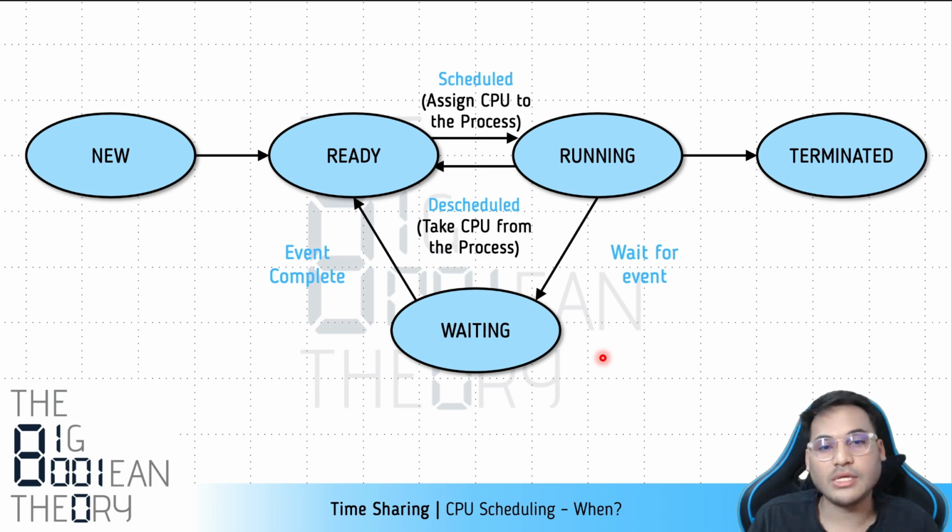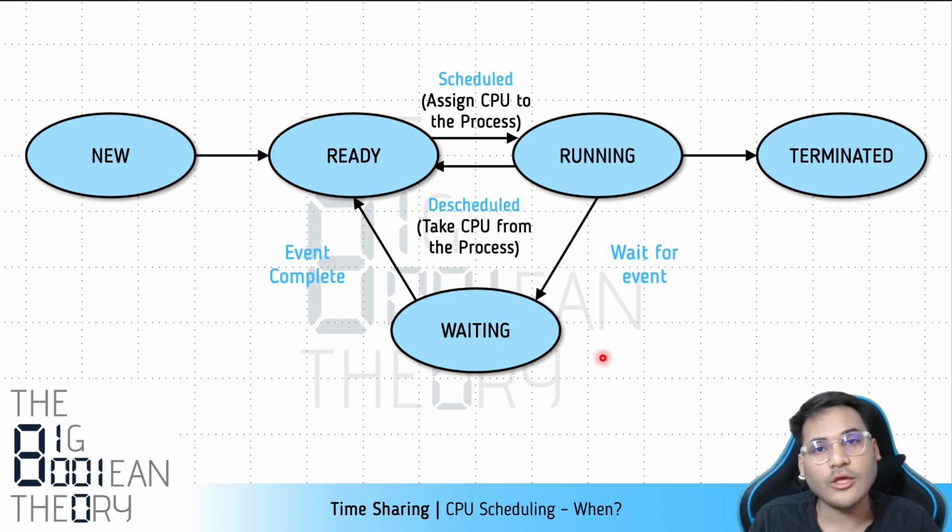Or let's say it initiated an I/O operation, it requires reading some data from, let's say, a hard disk. Unless that data is read from the hard disk, that data cannot be processed. So further processing depends on that data being available. So the process needs to wait for that I/O operation to complete.